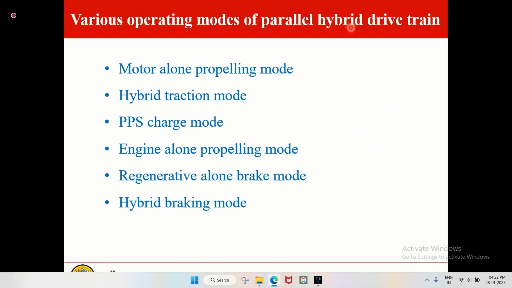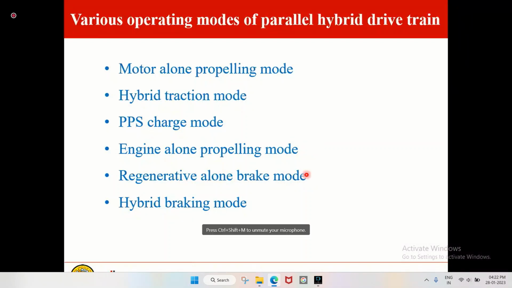As you see, again, in case of parallel also we are going to have different operating modes. For example, motor alone propelling mode, which means only the motor is propelling the vehicle. Hybrid traction mode, which means both powertrains are being used, motor as well as ICE engine. PPS charge mode, which means the battery is being charged. Engine alone propelling mode, which means we are relying on the ICE engine power plant.